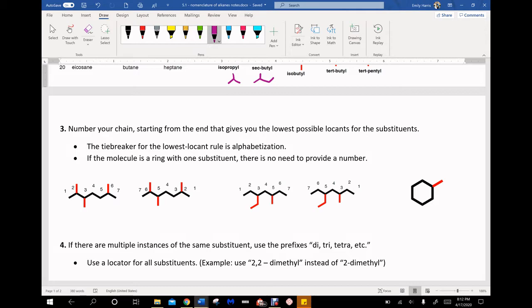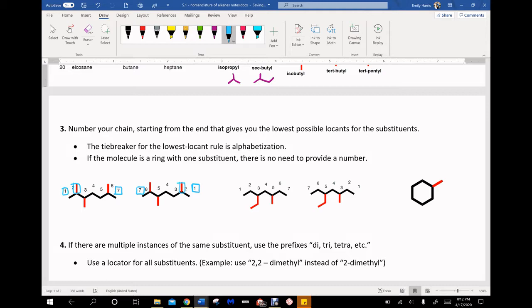All right, so let's take a look at these right here. For this first one, we have 7 carbons in the main chain, and we're trying to figure out, should we number it starting with 1 on the left and 7 on the right, or should we do it with 1 on the right and 7 on the left? If you notice, in both cases, there is a methyl group on the second carbon.